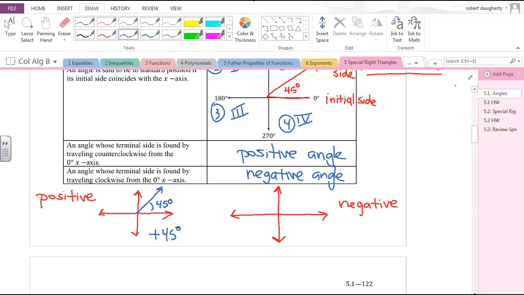To draw a negative 45-degree angle, you start here at the initial side and you go in this direction. So that is a negative 45-degree angle. If you measure counterclockwise, that's positive. Clockwise, when you measure that, that is a negative angle.